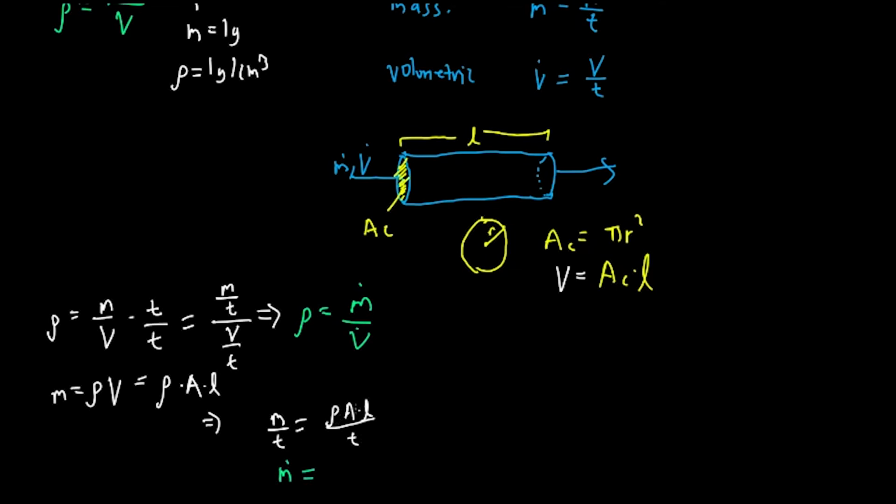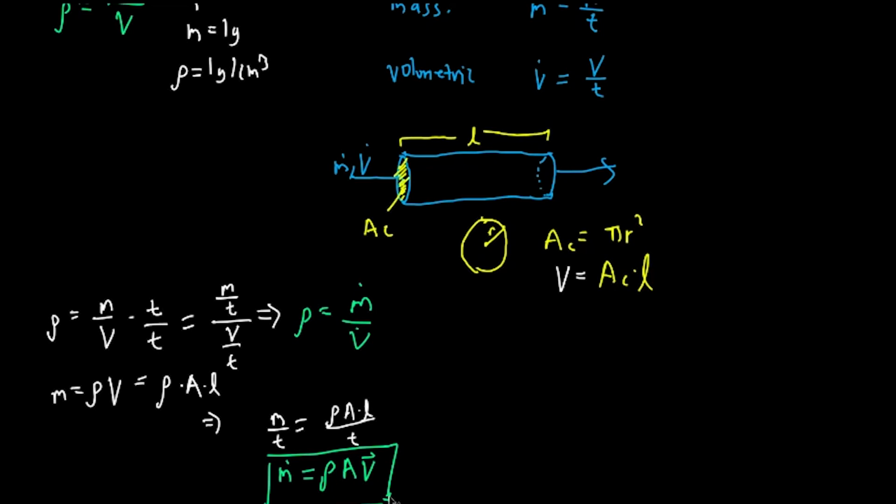Does that sound familiar? Well, L is the length or the distance, and distance divided by time gives you velocity. That's right, from physics. Rho A times v. That's the vector notation.